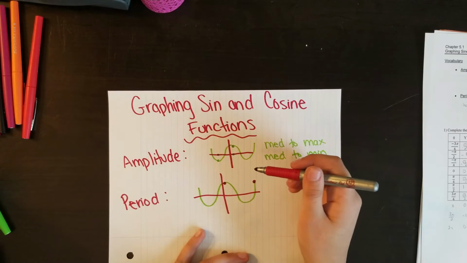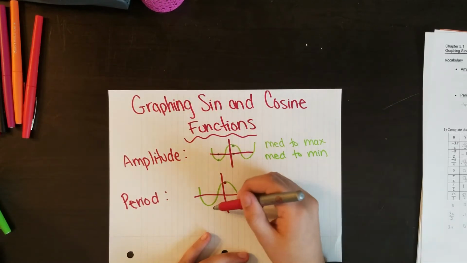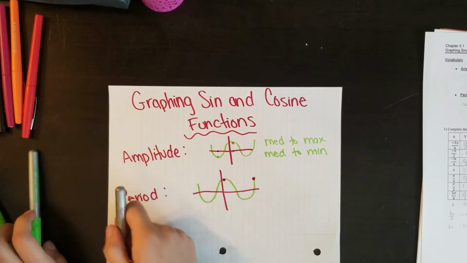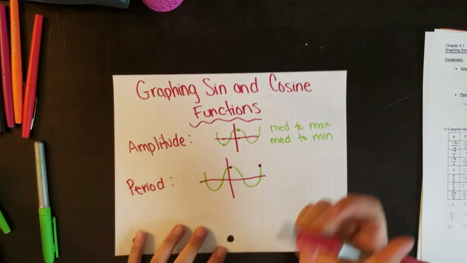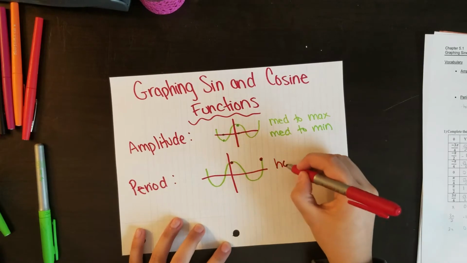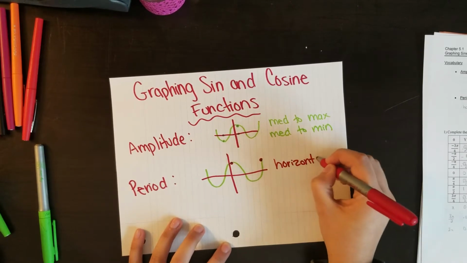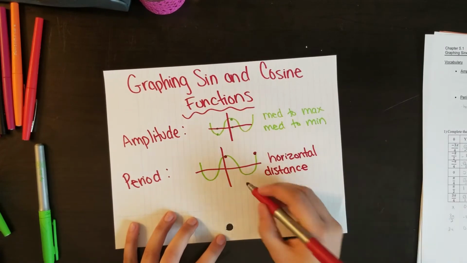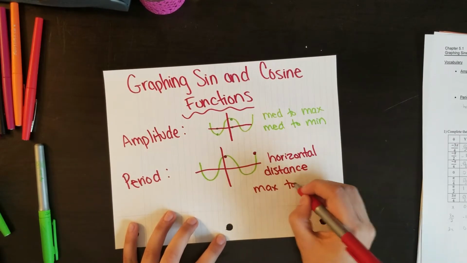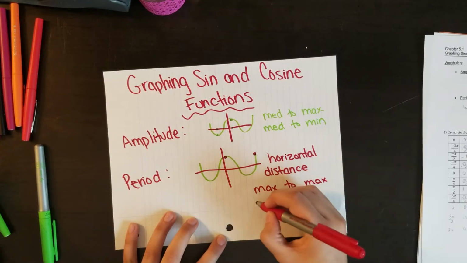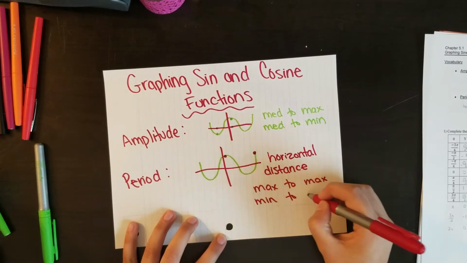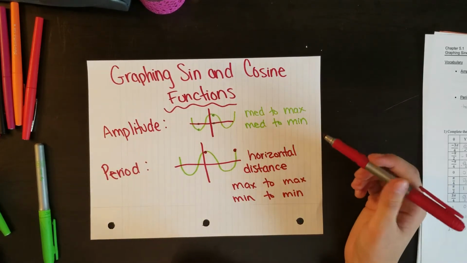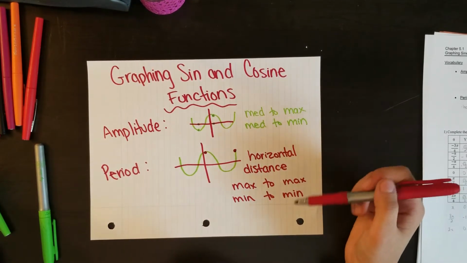You could also measure from one minimum point to another minimum point. So if we were to write this out, we would say that the period is your horizontal distance, and you can either measure it from max to max, or you could go from min to min, or you could also measure it from median to median to median.